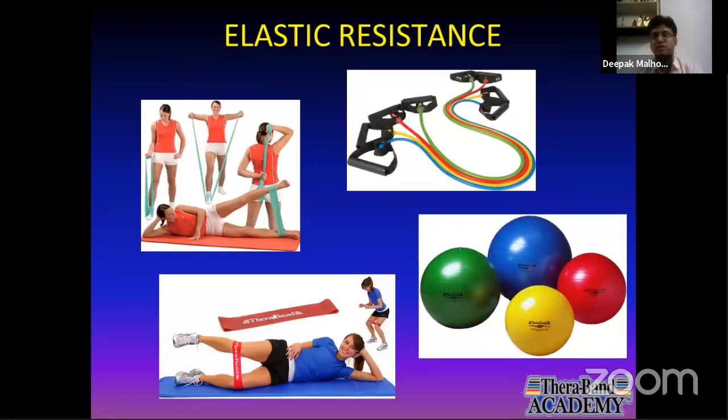Now, elastic resistance. When you talk about elastic resistance, you must have a fair idea about it. We have bands, tubes, loops, balls, gym balls, etc. So there are various types of resistance equipment which we use in our daily clinical practice, which are made of rubber, and they are based on the principle of elastic resistance.